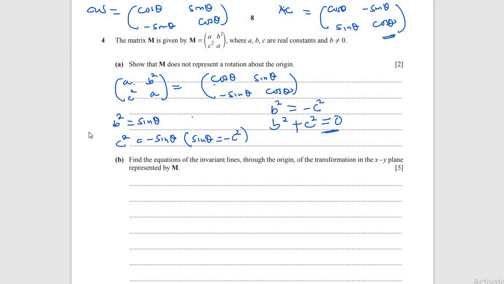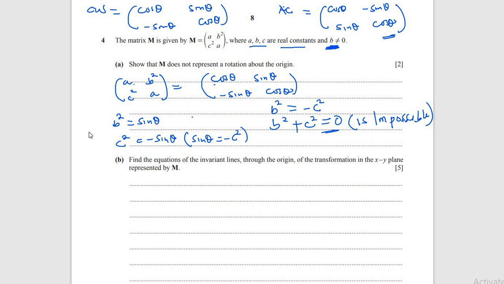Remember the condition, A, B, C are real constants, and B is not equal to 0. So in this case, B square plus C square equal to 0 is impossible, because the question said that B is not equal to 0.